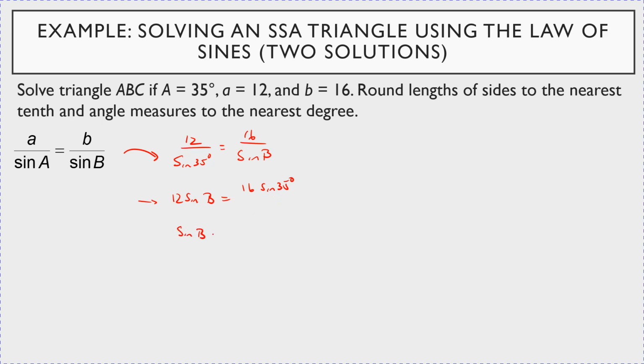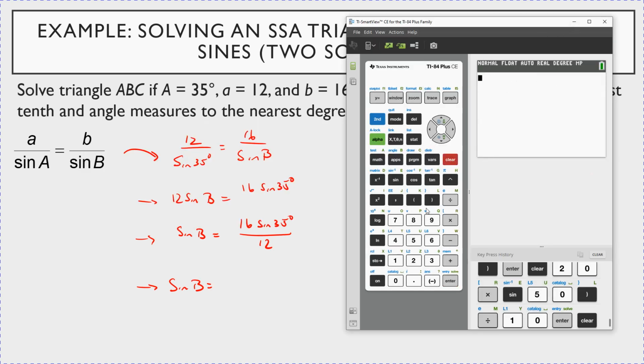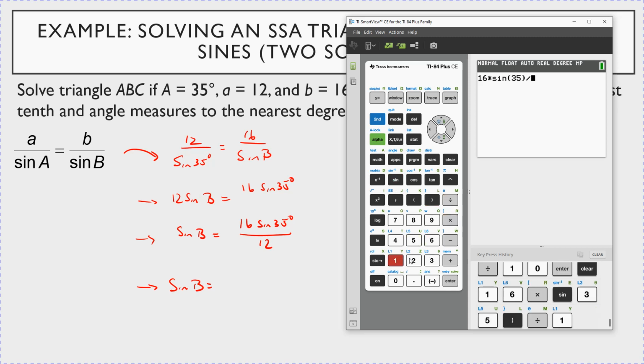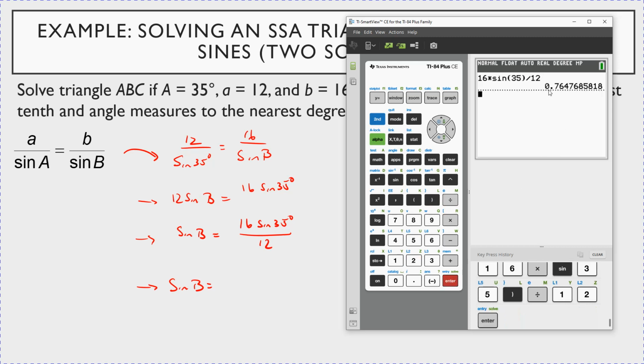So sine of B is going to be 16 times sine of 35 degrees divided by 12. Let's see what we get. I get 0.7648 here, roughly.